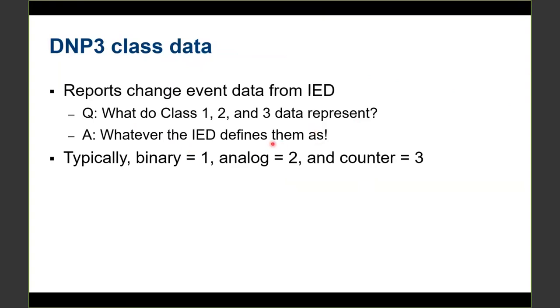But typically, DNP users around the world set up class 1 for binary input events, class 2 for analog input events, and class 3 for counters. But it is possible to change the settings on the slave station.